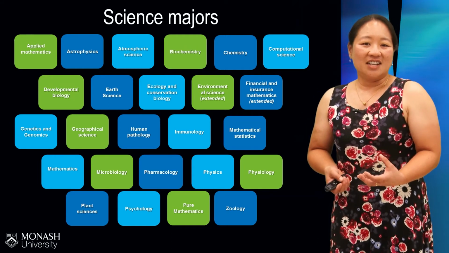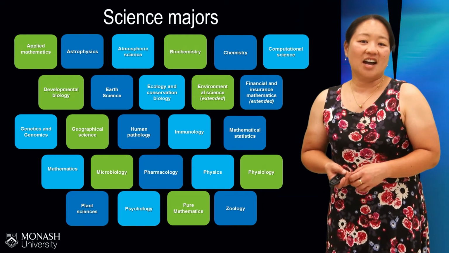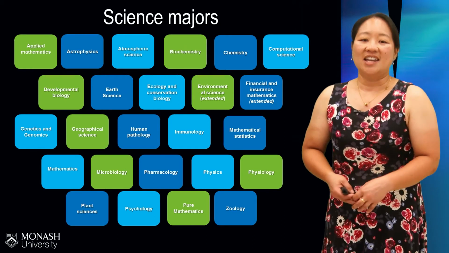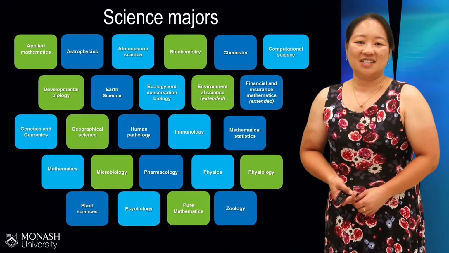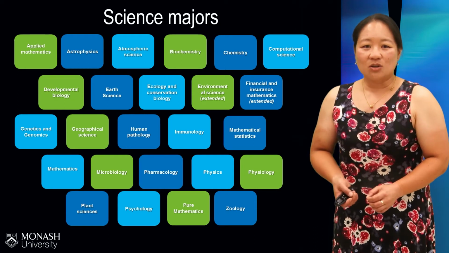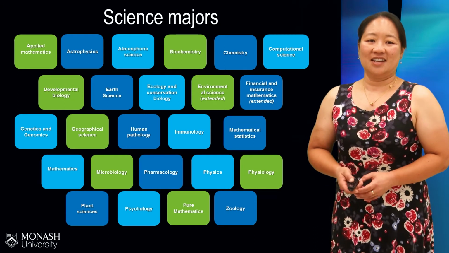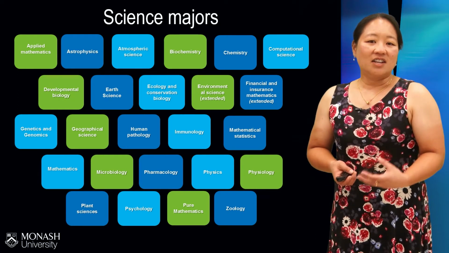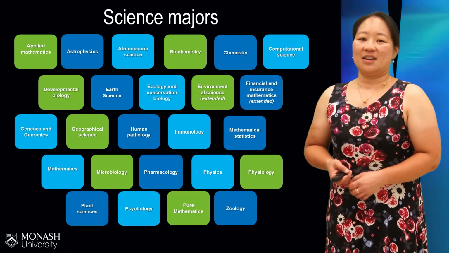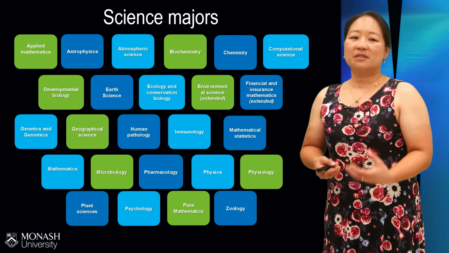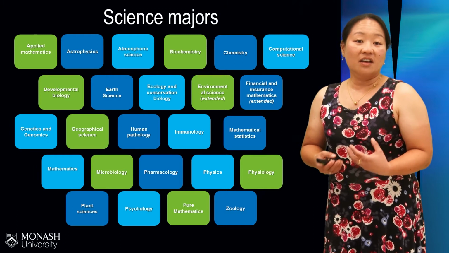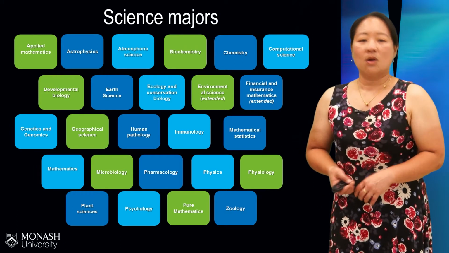Now that you're at uni, it's your chance to decide what you want to do and to expand your opportunities. This science course is perfect for that. I suggest having a look at the many disciplines that we offer and consider some of the areas that you may not have explored yet at school.